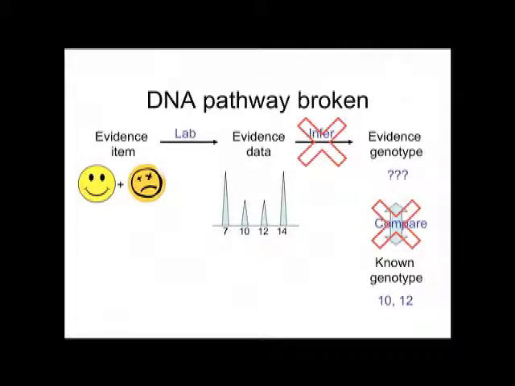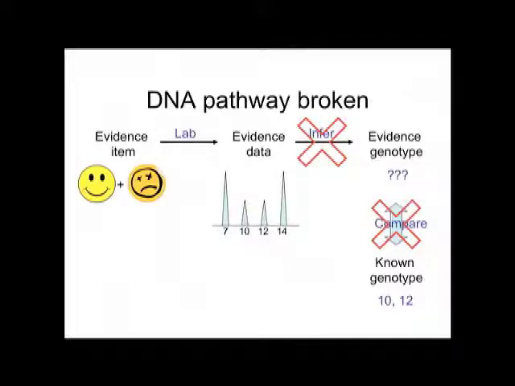So the problem with mixtures, which again in many labs is most of the DNA evidence, and with other degraded or low template DNA, is that the DNA pathway can be broken. While the lab can analyze a mixture, shown here on the left as 2 individuals, and produce data, which is a cartoon of what we just saw on the last slide, with peaks at 7, 10, 12, and 14 of varying heights, it becomes harder for simple human interpretation protocols to infer evidence genotypes like what was possible when there was only one answer.